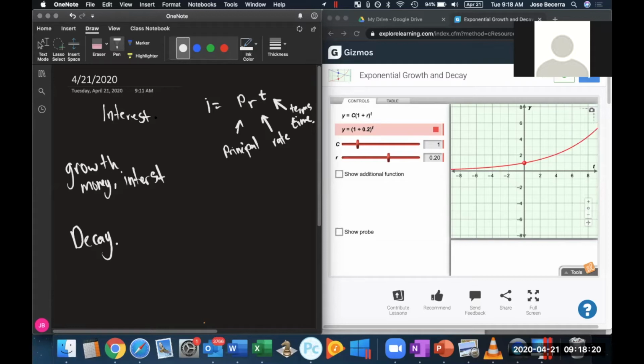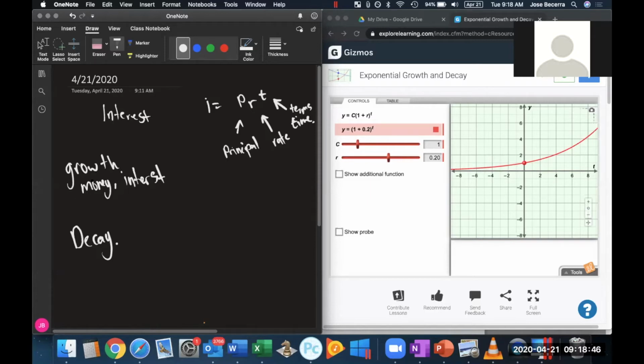This is an example that we have in the real world of what we see when something is growing exponentially, right? So you have money and you're growing it with interest, and it's getting bigger and bigger over time. So whether this is money in your bank account or a loan, that is an example of exponential growth.